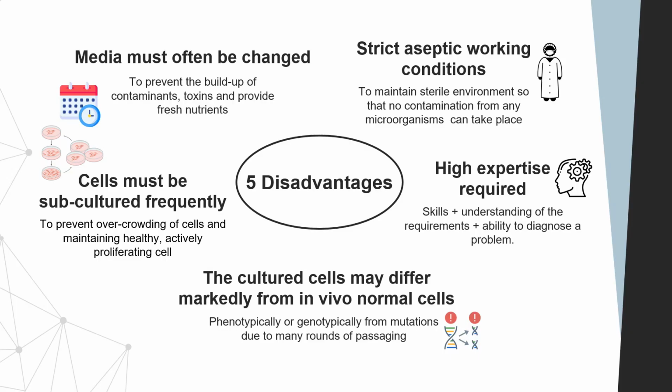Okay, so then with all these things, right? All these procedures that are required in an in vitro cell culture system may actually lead to certain differences in the phenotype and genotype of the cells that you are growing. Okay, so despite all the efforts that we try to mimic these physiological conditions that are found in vivo, cells grown in vitro will actually exhibit a certain degree of differences in their phenotype and genotype.